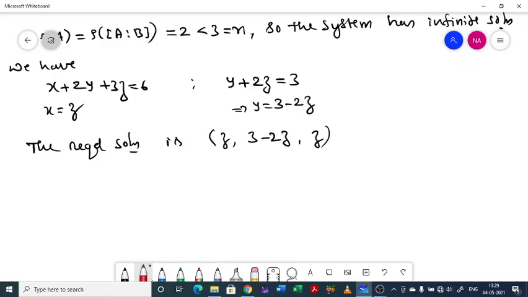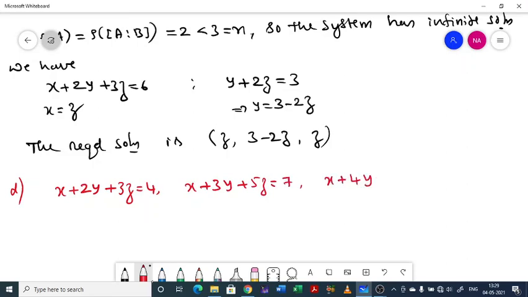Next, D. The given system is x plus 2y plus 3z equal to 4, x plus 3y plus 5z equal to 7, x plus 4y plus 7z equal to 10. Solution.